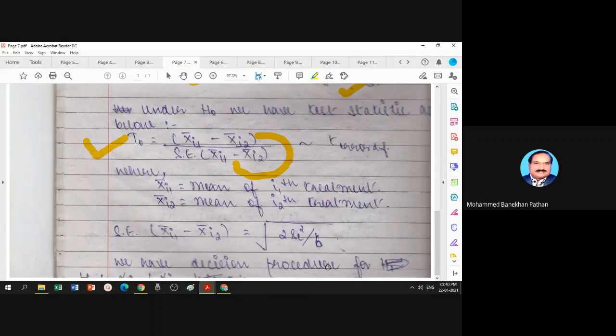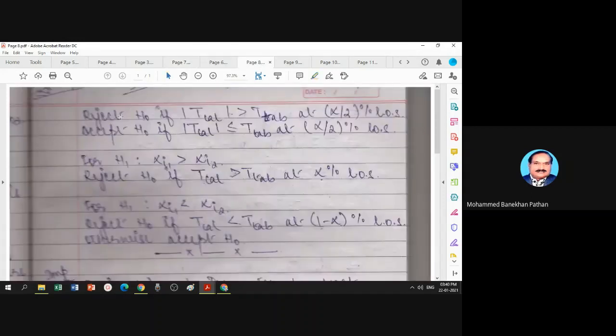We have a decision procedure for testing H naught, and that is: reject your null hypothesis if absolute T calculated is greater than the table value at alpha by 2 percent LOS. Accept H naught if absolute calculated is less than or equal to T tabulated at alpha by 2 percent LOS. Why is alpha by 2 taken here? Because your H1 is of the not equal type.